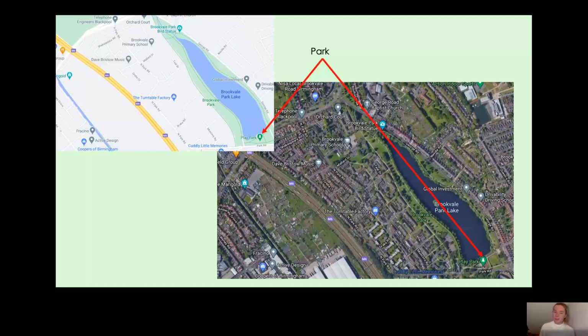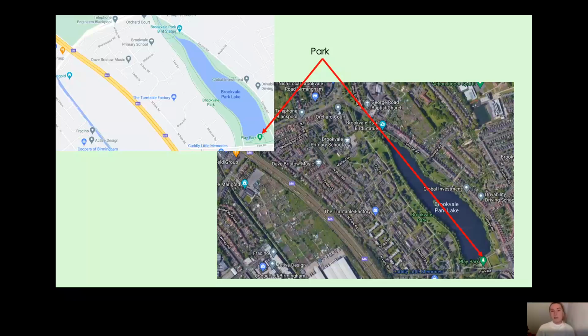Okay, so what I'd like you to do now for your task is to look at both maps, which I've sent you on the Year 2 Geography, 22nd of January resource, okay? What you need to do is look at the first map and find a symbol and try and work out what you think it is. And then find it on the second picture, the aerial photograph, and then draw a line to both of them and write what it represents, what it shows on the map.